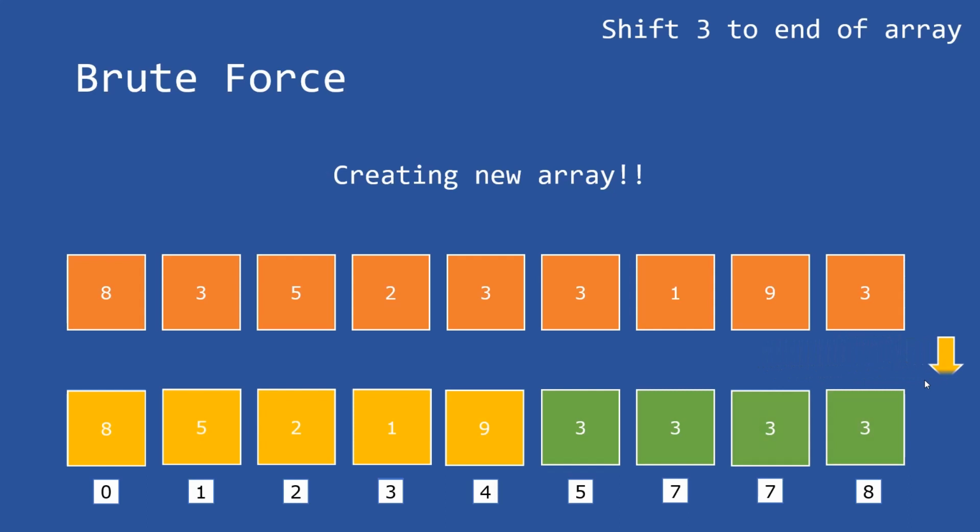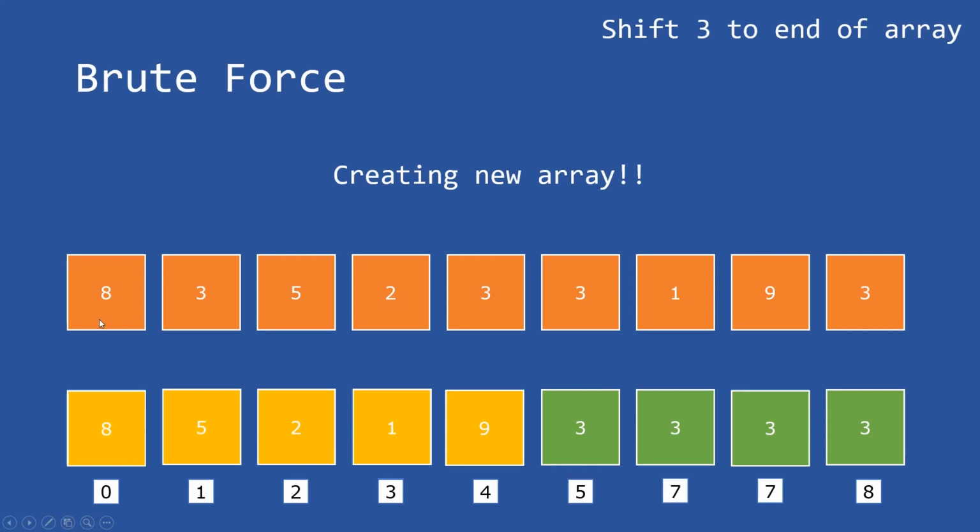Okay, so once you are done with that, basically what you have in this new array is your solution to the problem. If you see over here, all the threes are now at the end of the array, and all the numbers that are not 3 are in the beginning of the array.